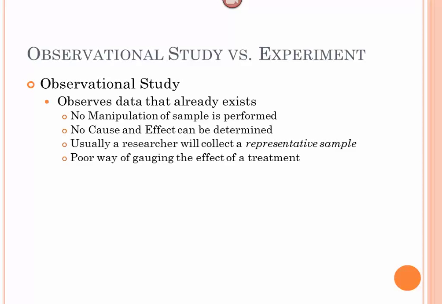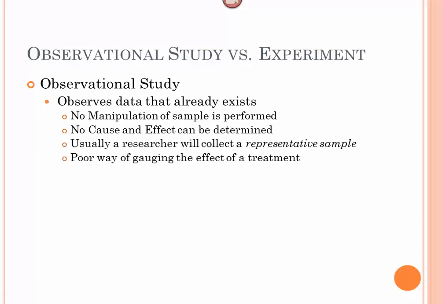Observational studies are a very poor way of gauging the effect of a treatment. If we simply collect data from people who have voluntarily taken a pill for a medical study, but there are absolutely no controls, and we just collect the data of the results, we can't really gauge whether that treatment was the cause of them getting better or not getting better.